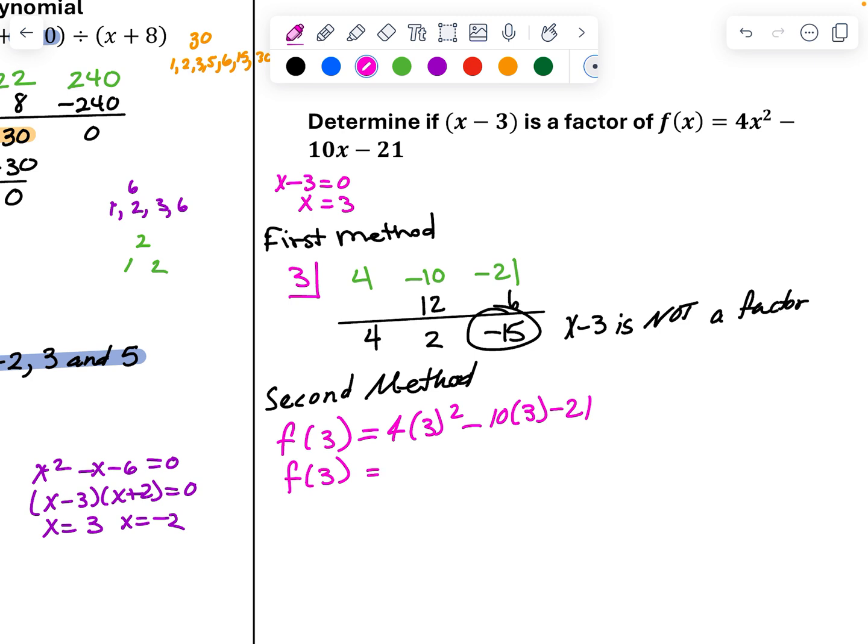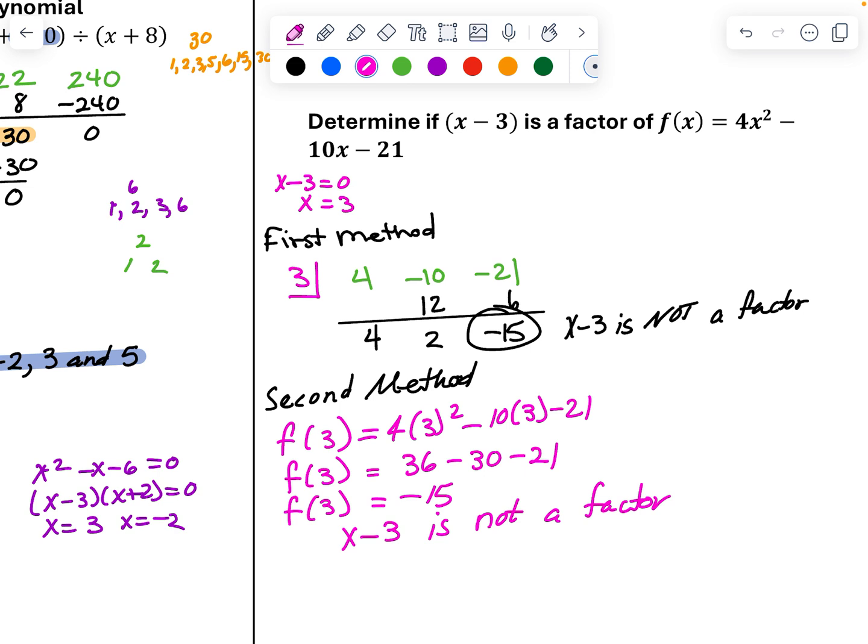I'm going to do it by hand. 9 times 4 is 36 minus 30 minus 21. F of 3 is minus 15. So the answer there is x minus 3 is not a factor. Either of those methods are absolutely fine.